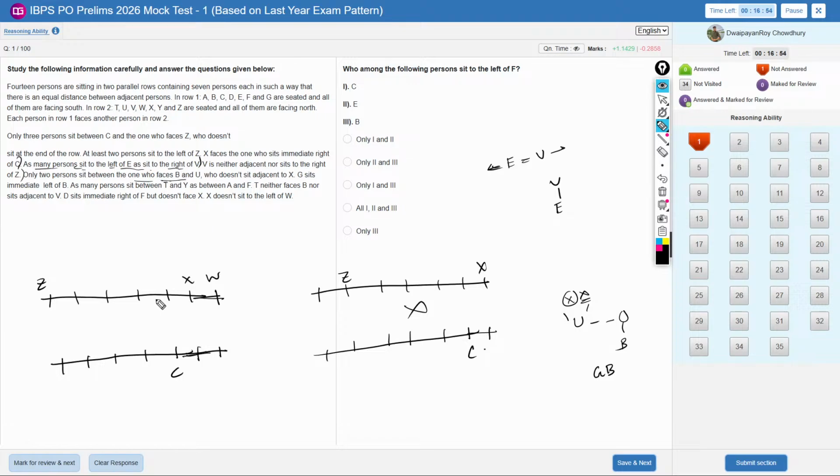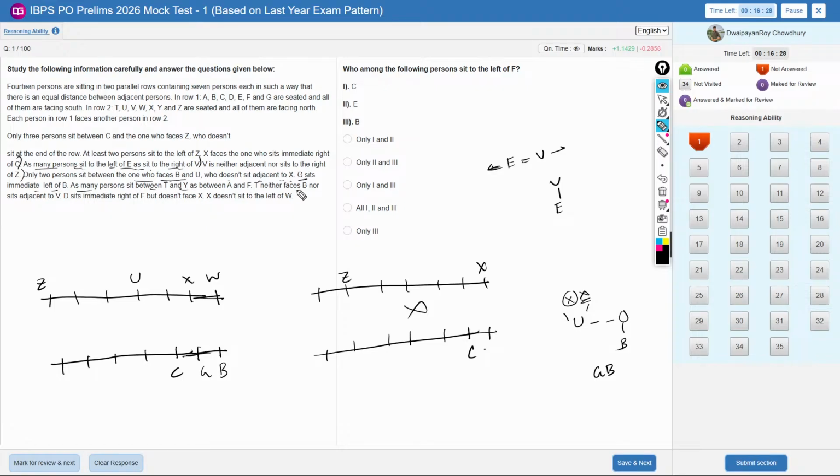Then G, B, 1, 2, U possibility. 1, 2, U not possible. Sorry, G here, B here. Yeah, 1, 2, U here, X. G sits immediate left of B.